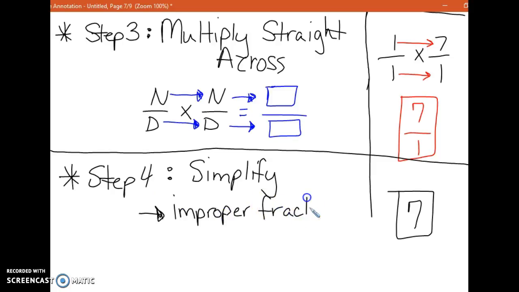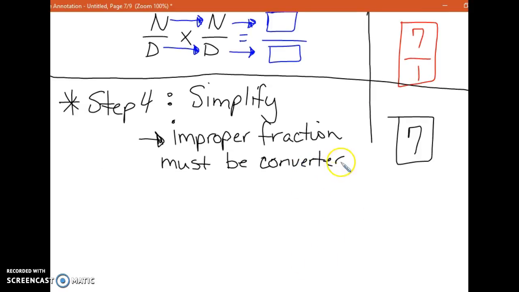If you have an improper fraction, you have to change it to a mixed number or a whole number based upon what it is. So an improper fraction must be converted to a mixed number or whole number in this case.